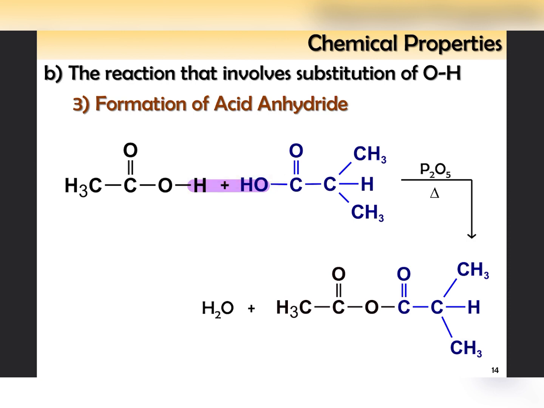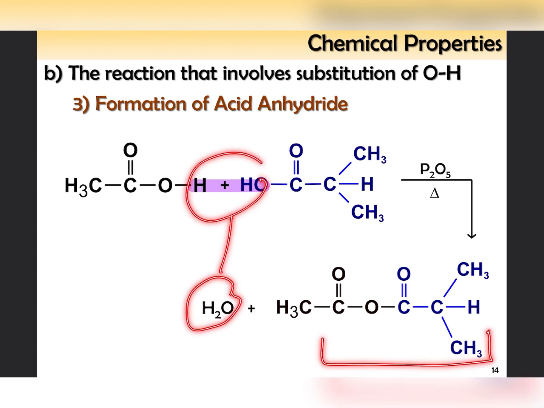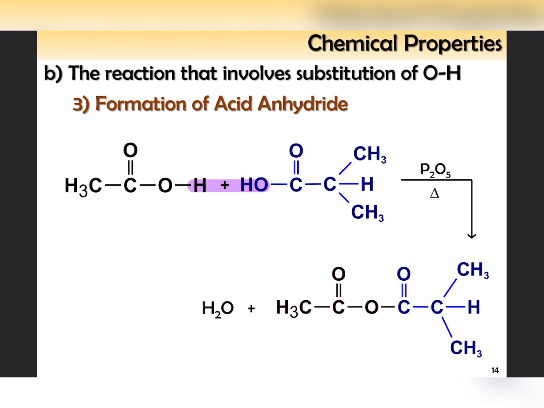Okay, so kamu akan dapat this anhydride and you release water molecule. Okay, dengan syarat dia mesti carboxylic acid react with another carboxylic acid. So boleh yang sama jenis, same type of carboxylic acid ataupun different type of carboxylic acid.